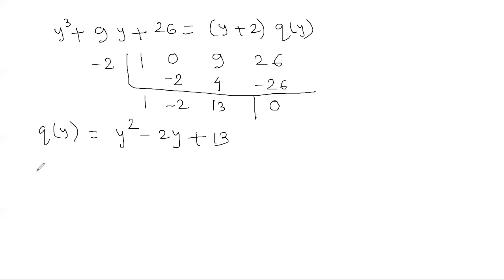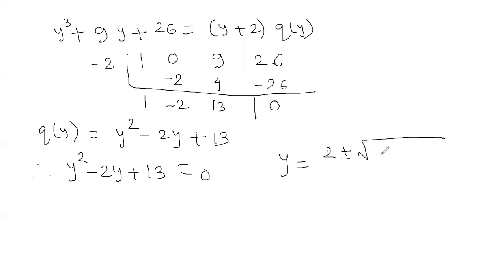Okay, so what are the roots of y square minus 2y plus 13? You can very easily determine using Sridhar Acharya's formula. So y is equal to 2 plus minus root over of 4 minus 4 times 13, all by 2. Okay, so here you will see this is equal to 1 plus minus 2 root 3i.